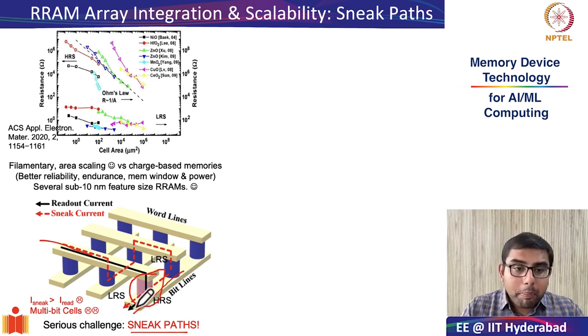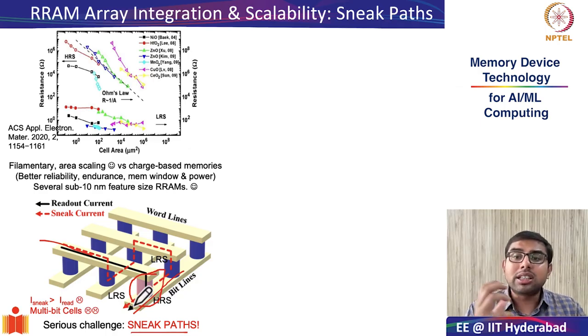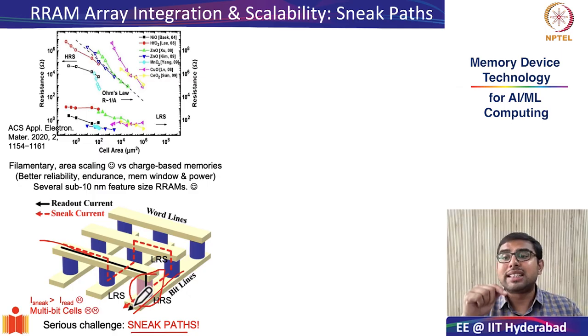However, when I apply a voltage across the word line and bit line, it turns out there are other parallel unintended current paths which pass through unselected memory cells in a crossbar array. And this creates a lot of problems during read and write operations when the bias applied to selected cells leaks through the neighboring cells.